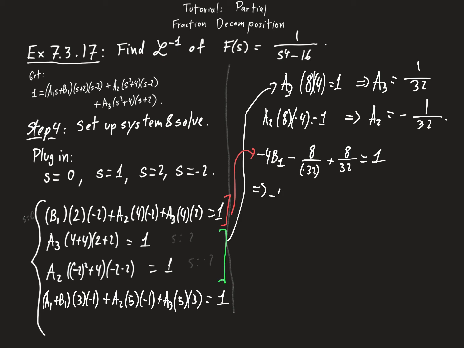That's going to give us that negative 4 times b1 plus 16 over 32 is equal to 1. Now, of course, 16 over 32 is equal to 1/2, so this gives us that negative 4b1 is equal to 1/2, and that's going to give us that b1 is equal to negative 1 over 8.